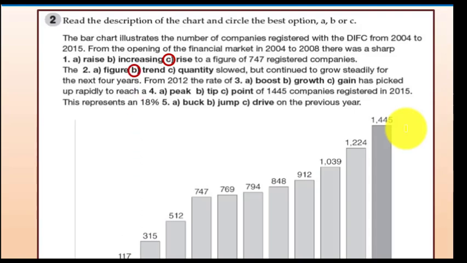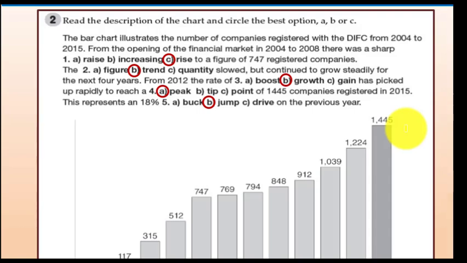The second one, we can say the trend slowed but continued to grow steadily for the next 4 years. Then from 2012, the rate of growth has picked up rapidly to reach a peak of 1,445 companies registered in 2015. This represents an 18% jump on the previous year.